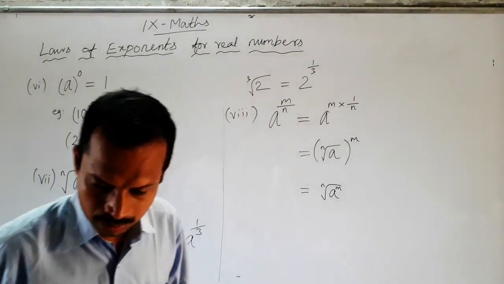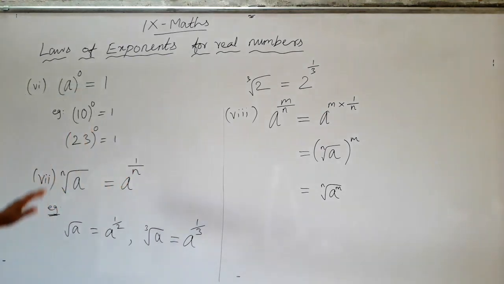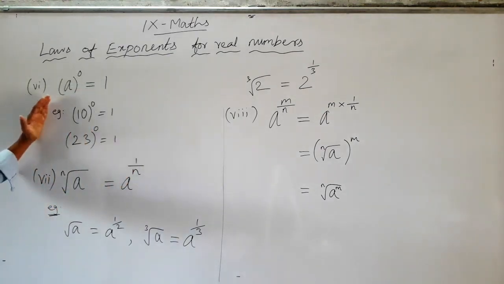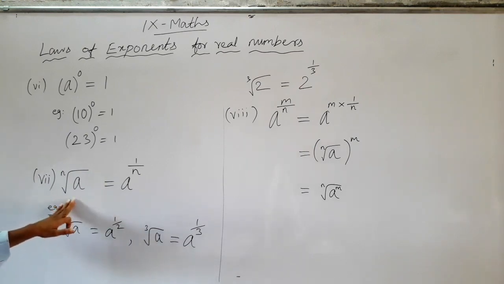And now we can move to the exercise. So this is a power 0 equal to 1. That means for any base, if the exponent is 0, then that is 1. And nth root of a, you observe how I am writing and also reading.